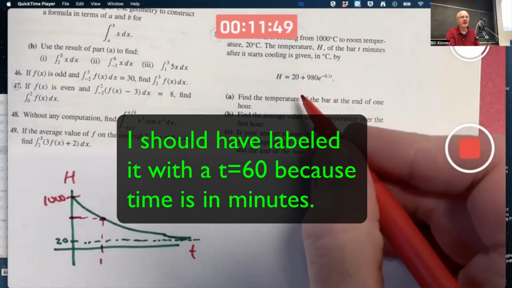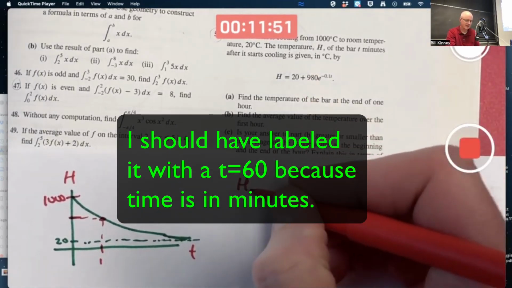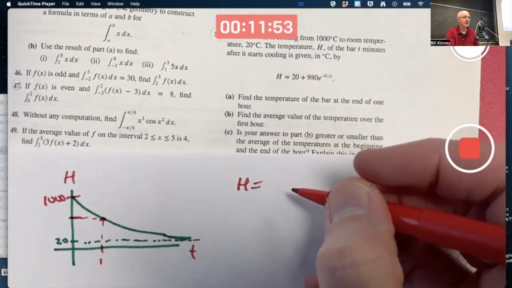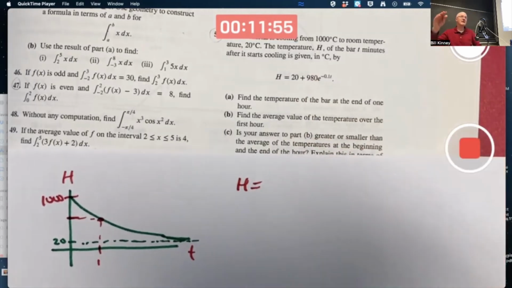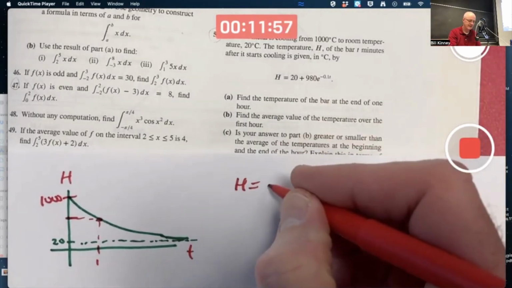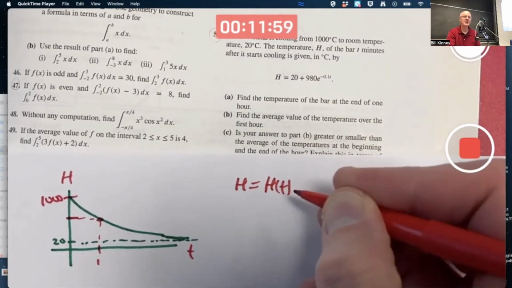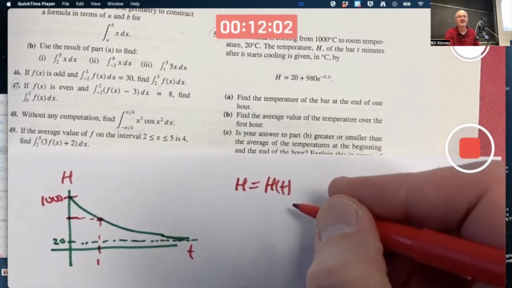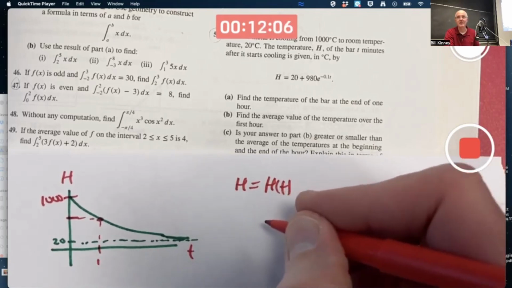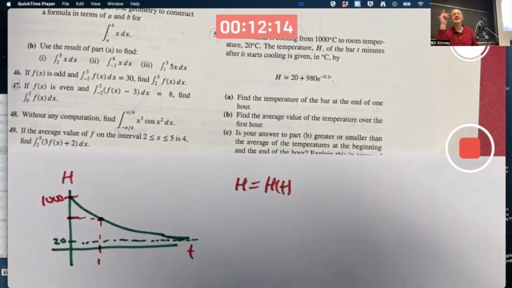You don't see function notation here? Okay, you could give this a function name. You could call it f of t, or we could be like a scientist here and be sloppy with our notation and write h equals h of t. You'll see that in science classes. They will use the same letter for both the dependent variable and the function name. The main thing is don't let it bother you. Okay, it's bad notation. It even has an official name.